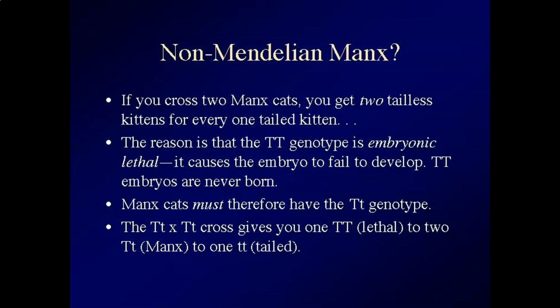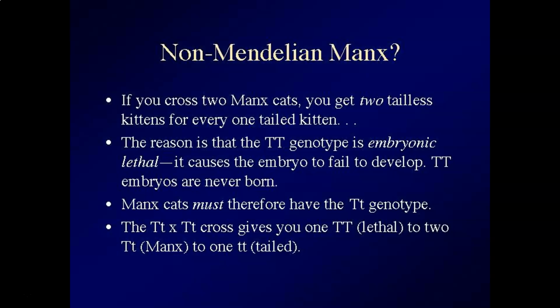The reason for it is that being homozygous dominant for this genotype is what we call embryonic lethal. So what does that mean? It causes the embryo to fail to develop. Any individual embryo that would have inherited 2 dominant Ts, 2 tailless genes, one from each parent, never actually gets born.